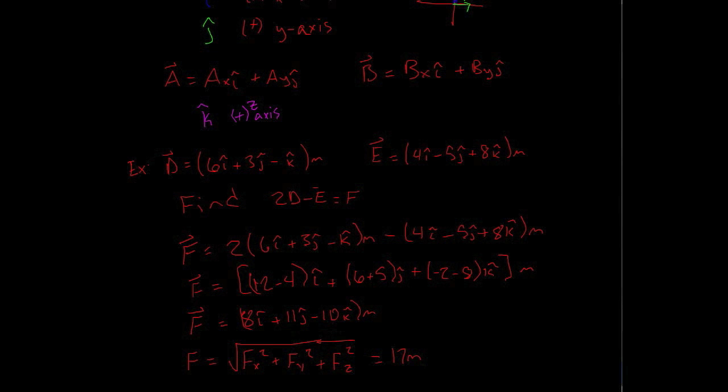Now, let's move on. Let's use unit vectors, and we'll find an angle between 2 vectors with known components.